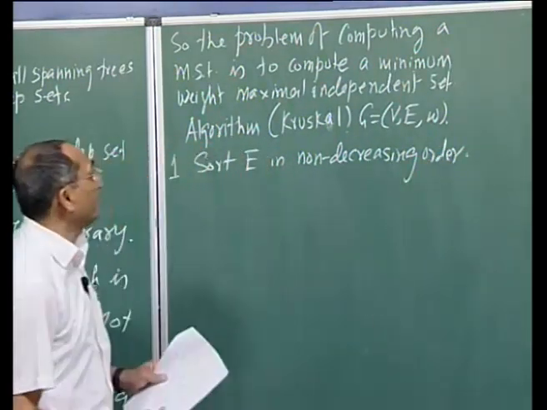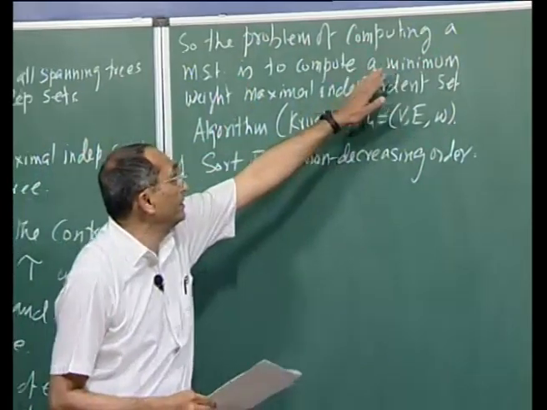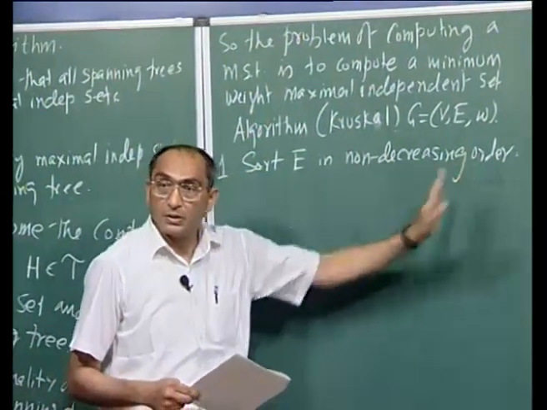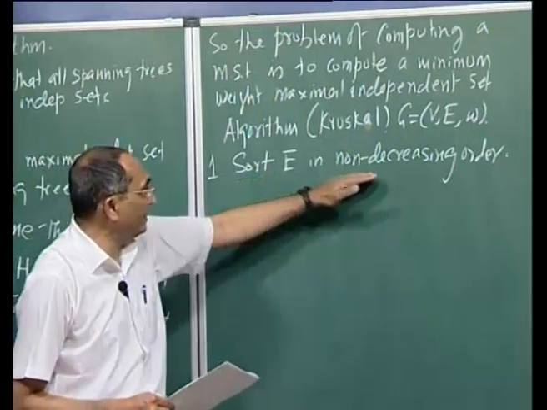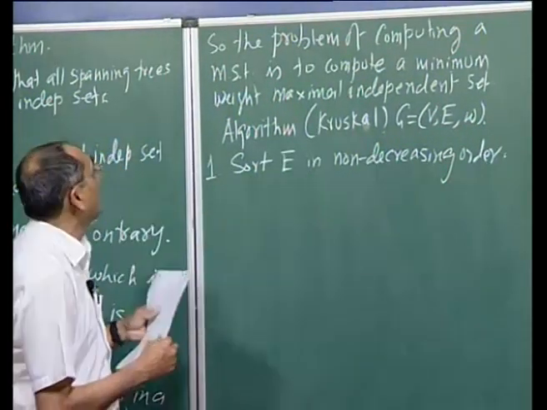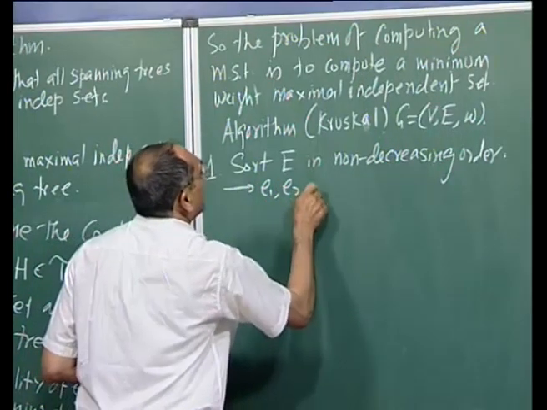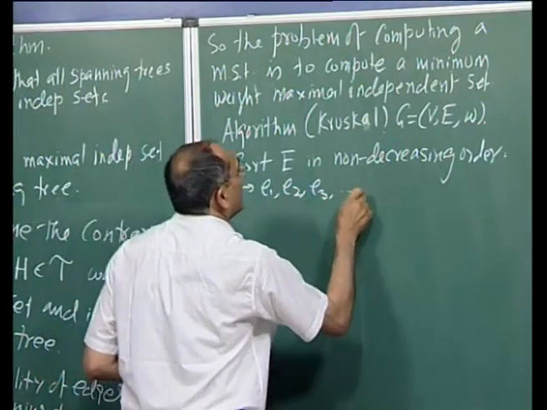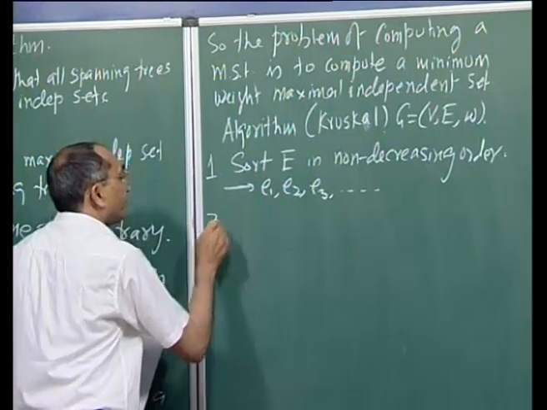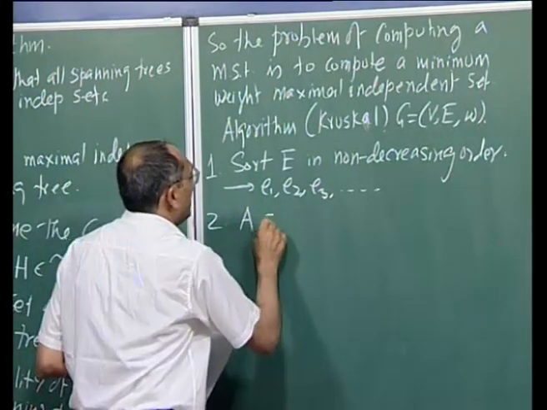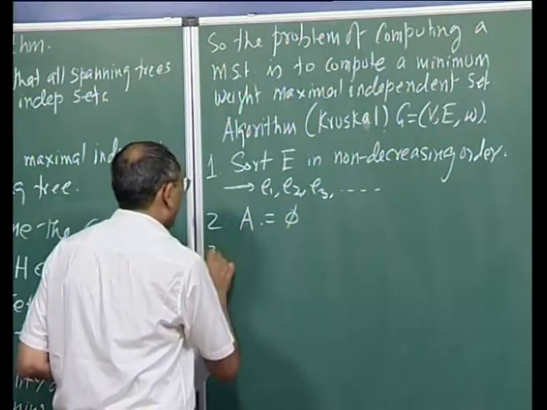Note that this time we are trying to compute a minimum weight maximal independent set, so we have to pick the least weight edge first, which gives me E1, E2, E3, and then we set our A to be an empty set.